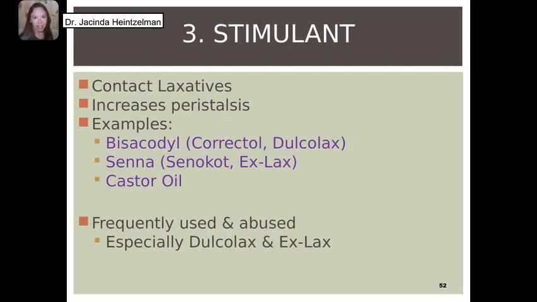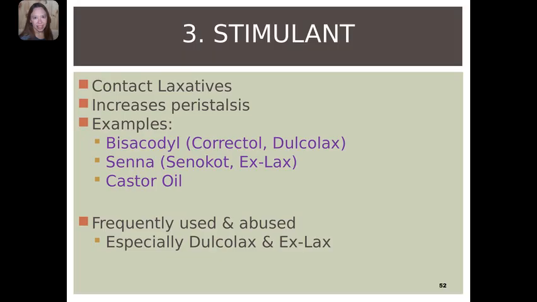Another type of medication that we can use for constipation would be a stimulant. These medications are going to be contact laxatives. What do they do? Well, they're going to increase peristalsis within the intestines. So they're definitely going to help the patient empty out. Examples would be Dulcolax, X-Lax, castor oil.